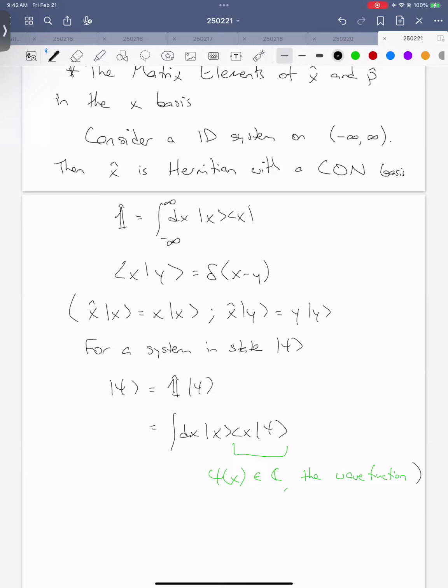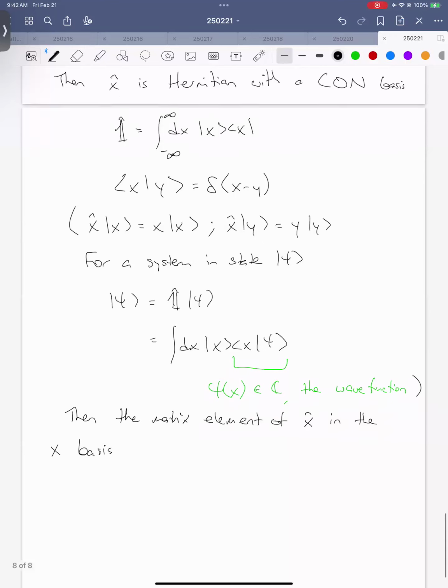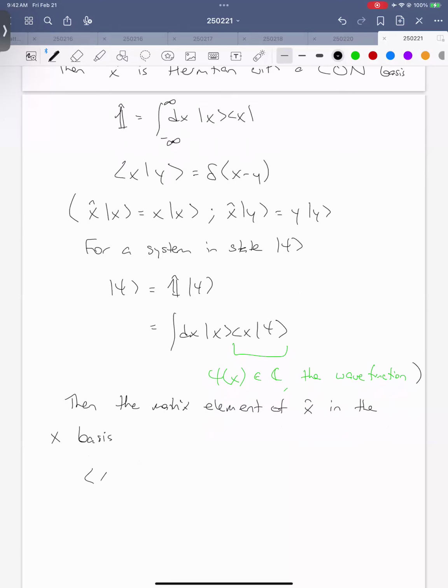So then the matrix element of the X hat operator in the X basis is defined as the X bra, the X hat operator, and then the Y ket.